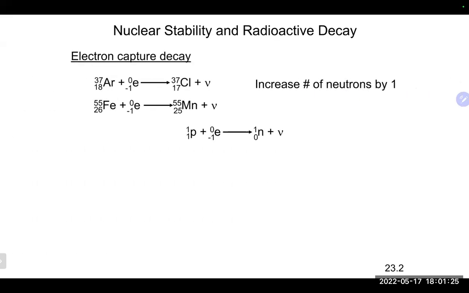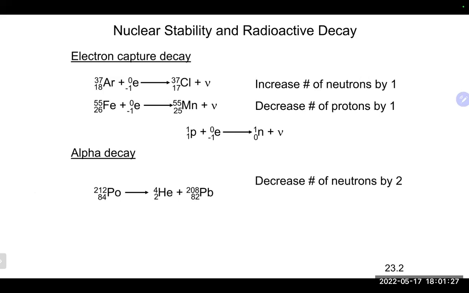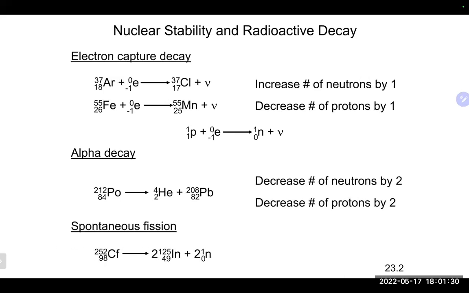A couple other ones that are common. This is our electron capture. And again, the capture part of it means that an electron is actually on the reactant side. In this case, the proton and the electron will come together and form a neutron. And once again, the mass number is not going to change, even though it goes from proton to neutron, so it compensates for each other.